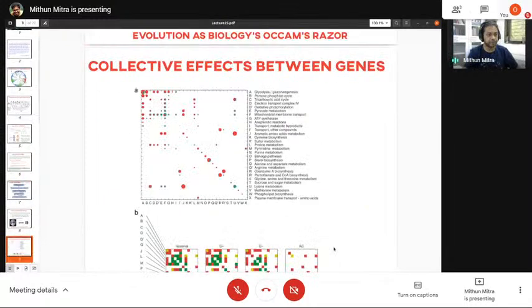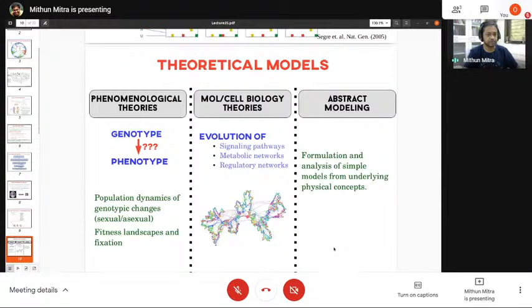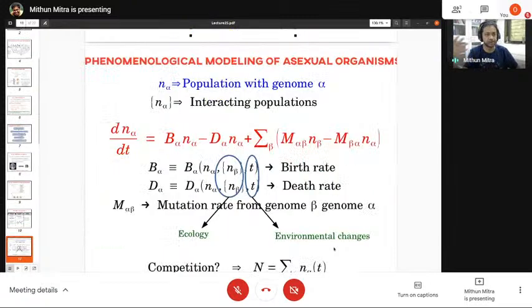Right. So let me skip some of this. There are different kinds of theoretical models that are possible. In general, let me just talk about one of them. You could think about interacting populations, each with some sort of genotype, let's say some genome alpha.